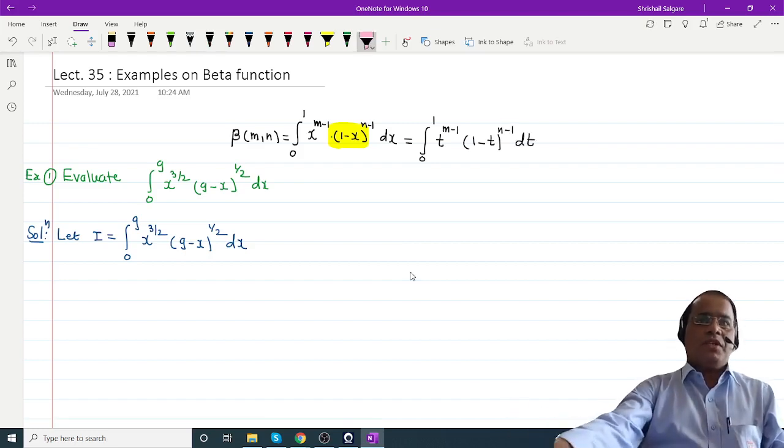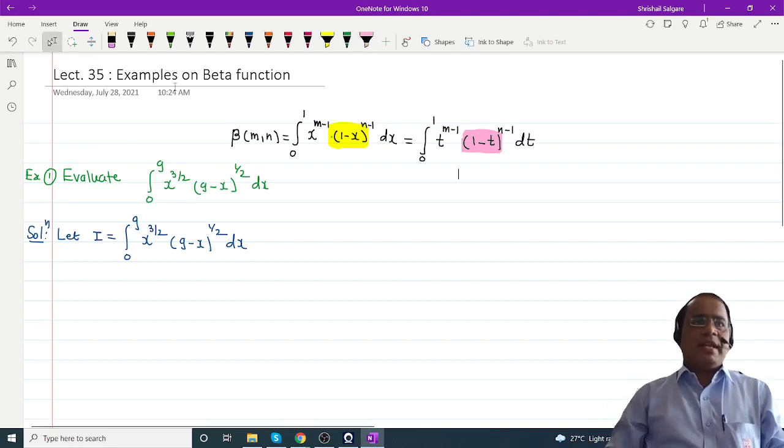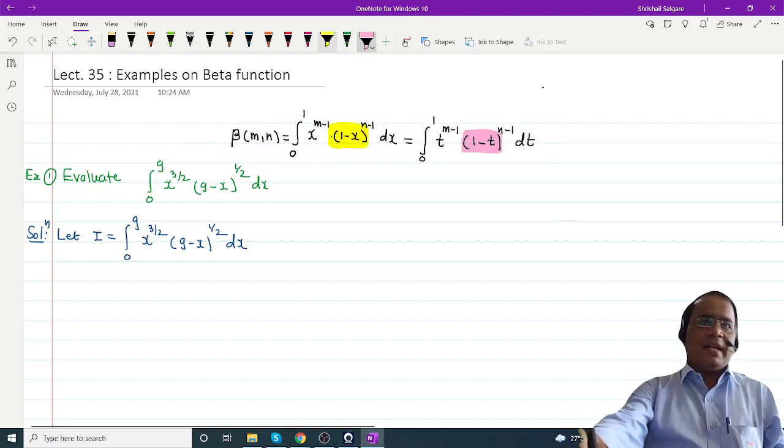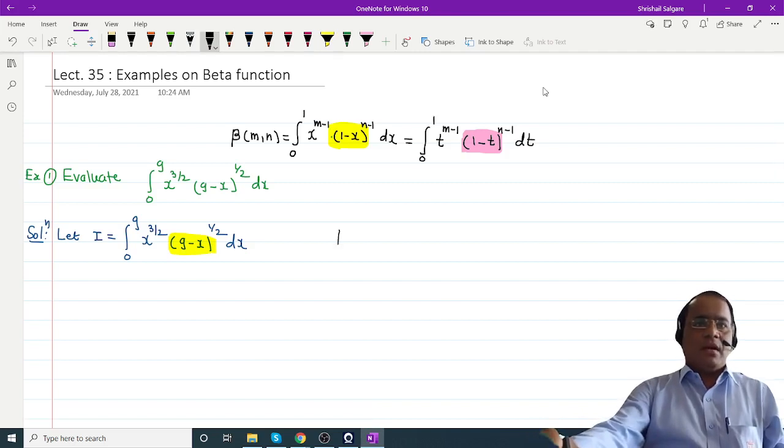My focus should be to obtain this term, that is called the kernel, and at the same time the limits of the integral are also from 0 to 1. I will highlight the term. So to obtain the kernel as 1 minus t, what will be the substitution?